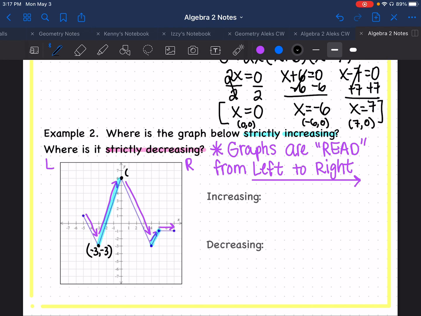And then this ordered pair up here would be 0, 6. This ordered pair here would be 4, -3. And this ordered pair here would be 5, -1. Now it's really the x's that you're going to look at. You are looking at your x coordinates only. And that is true for the decreasing as well.